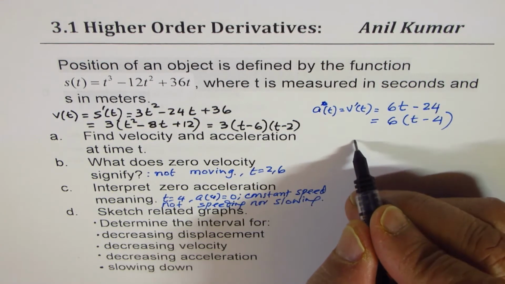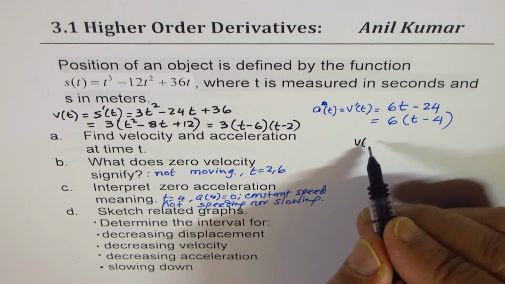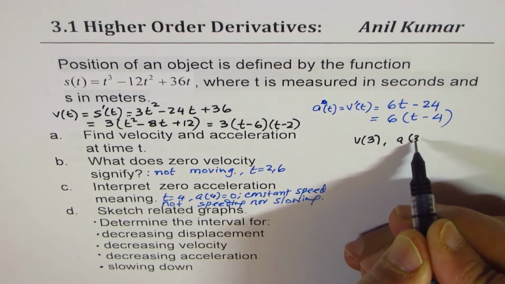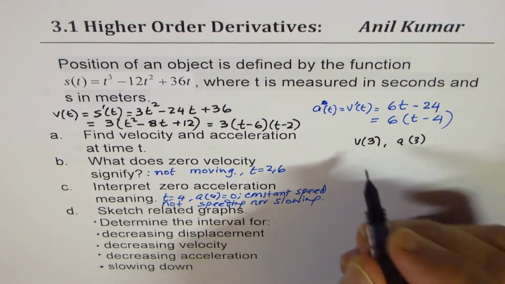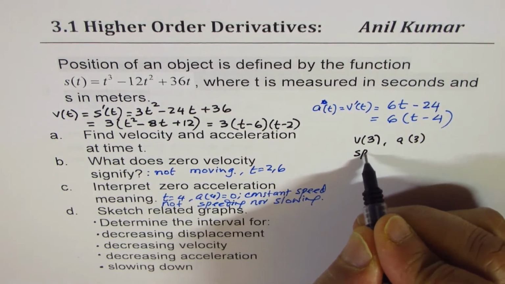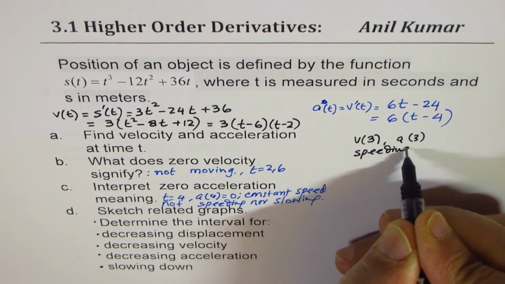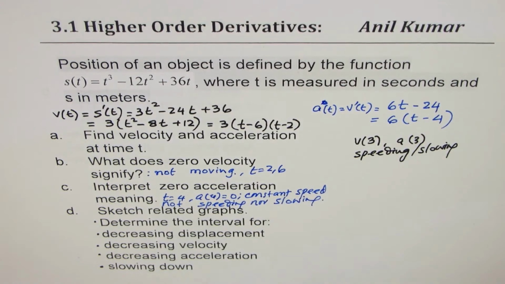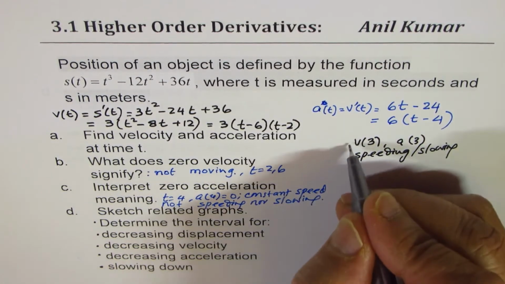You can find what is the velocity at time 2, but you could say 3, acceleration at 3, and at this point is the object speeding or slowing down. So you could check that as one of your questions.